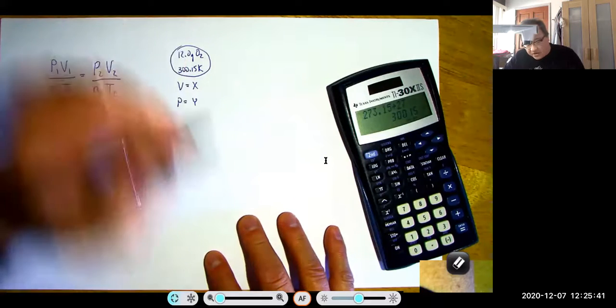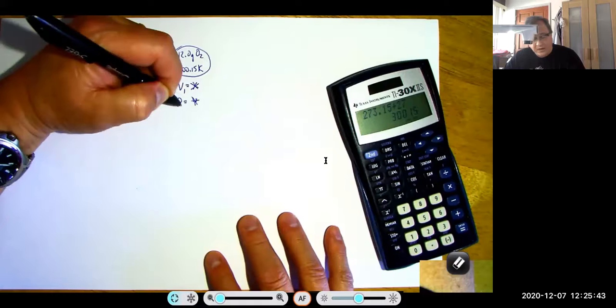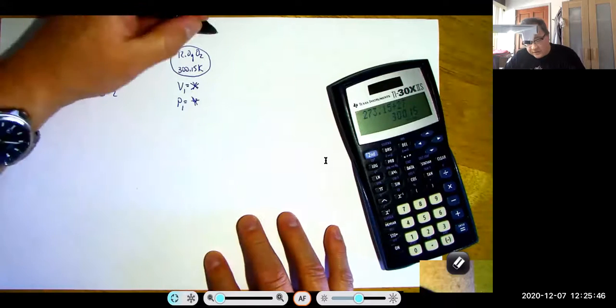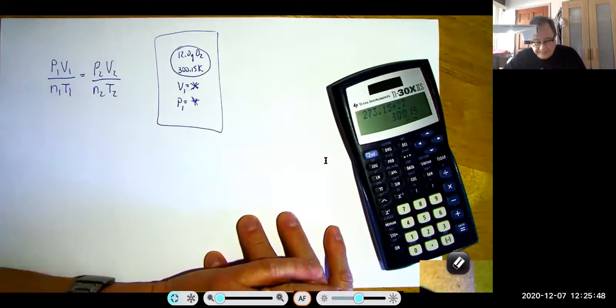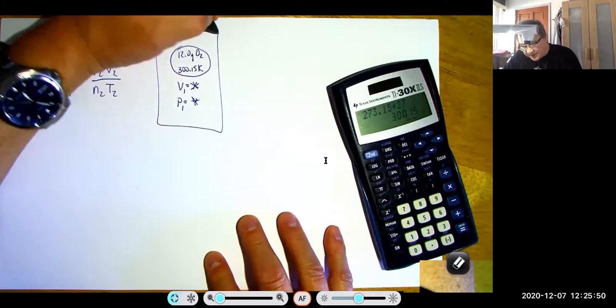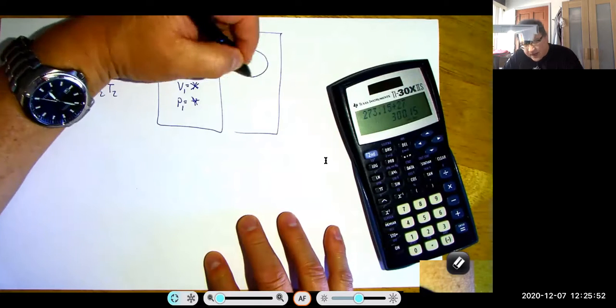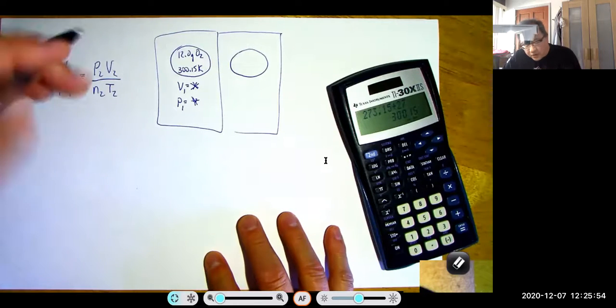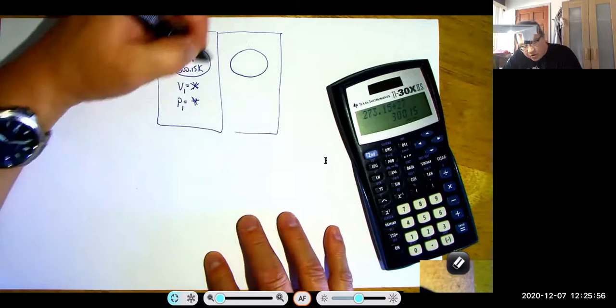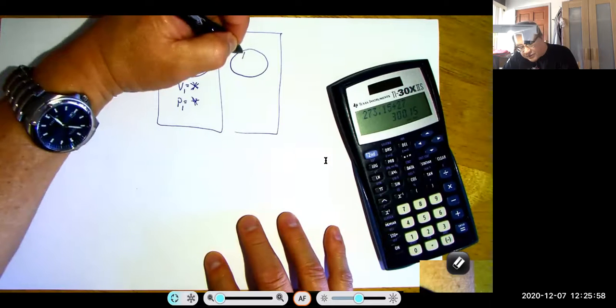And actually, I'm going to call these V1 and P1, because this is all the first set of conditions. Fair enough? Now, for the second set of conditions, we have the same size balloon. And since I'm no longer using X here, I'm going to say X grams of O2.